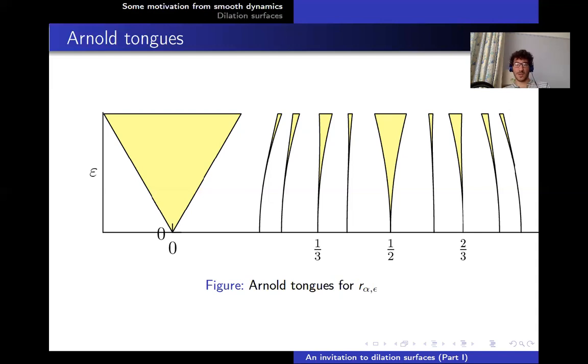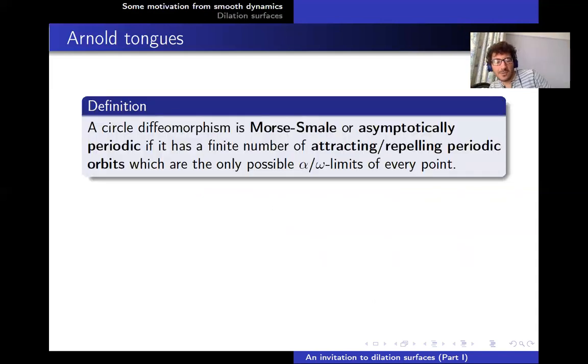I mean, you have to work a bit to make everything rigorous, but it's not much harder than what I've explained. There's not much more maths involved. Okay, so I give a definition because it's going to be more convenient for me to talk in those terms in the sequel.